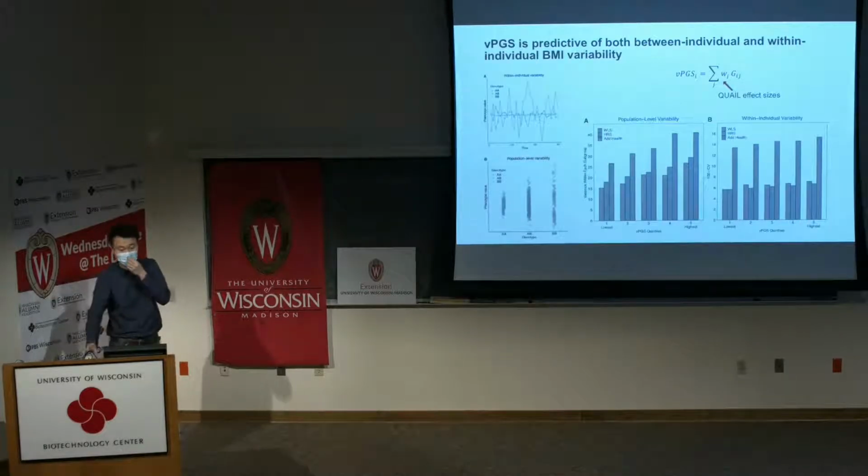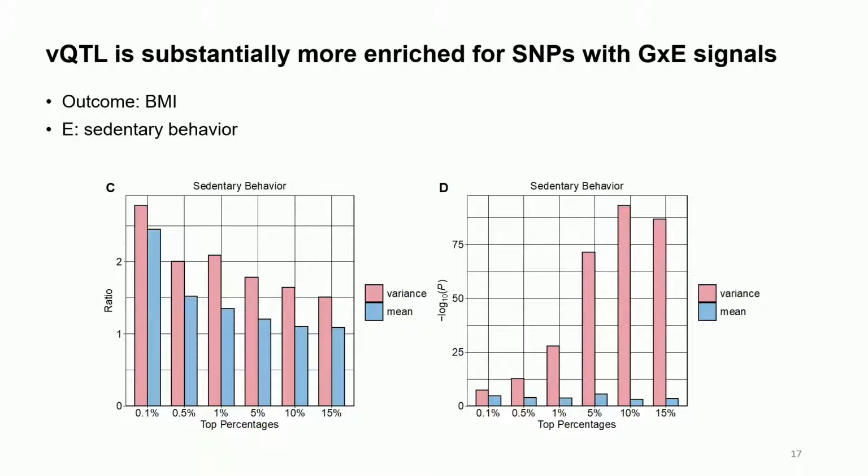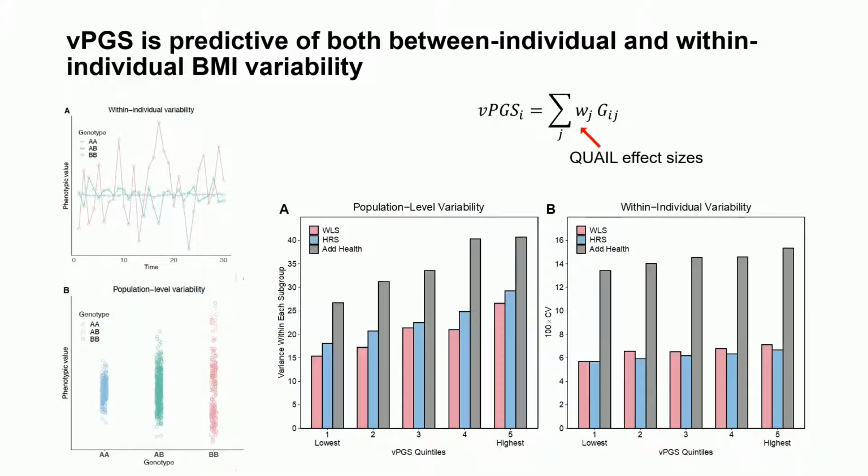And then you can also construct a variance-based polygenic score for basically the phenotypic variability. Just like the PGS that people typically use, but instead of using a GWAS effect size as the weight, we're using the QUAIL effect size, right? So then you aggregate the contribution coming from a lot of different SNPs, then the score you get will actually quantify the phenotypic variability.